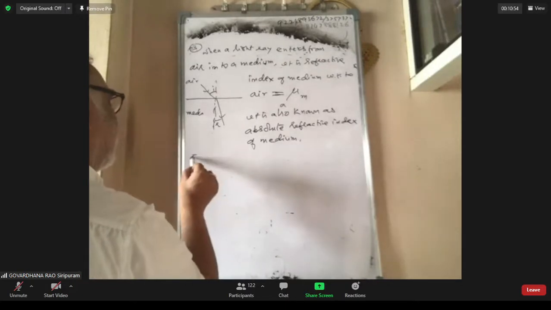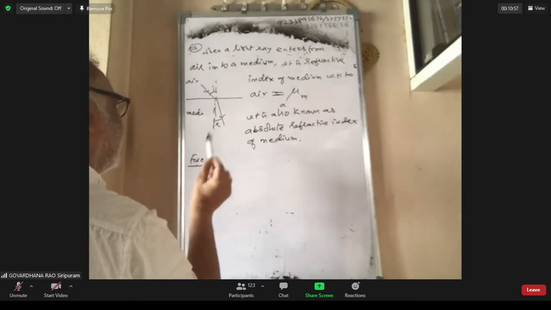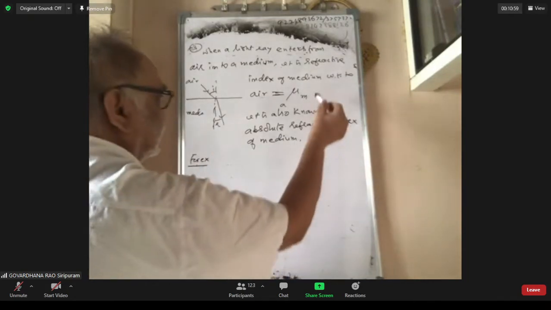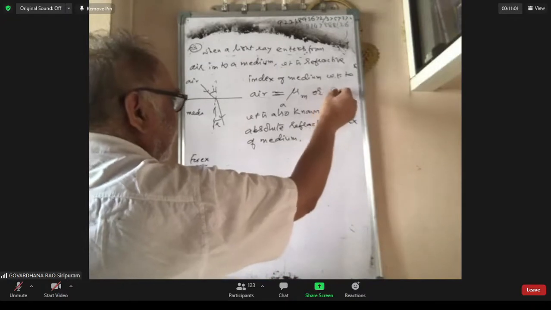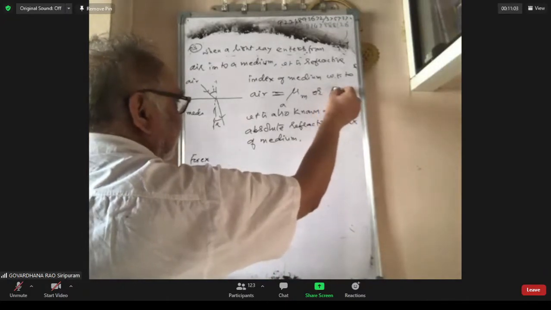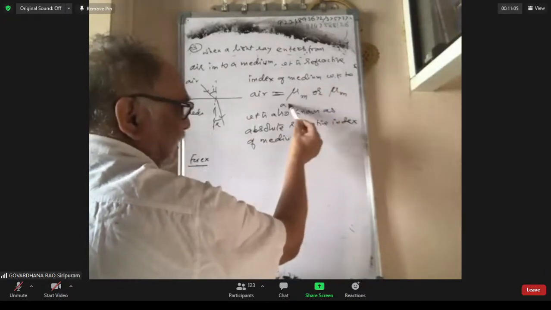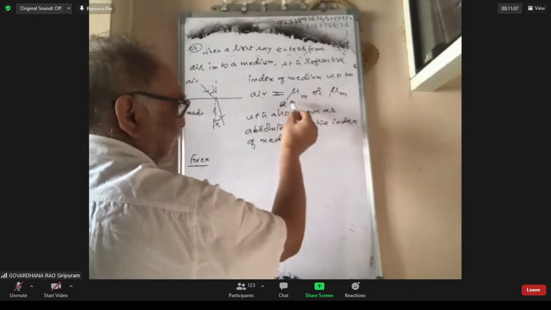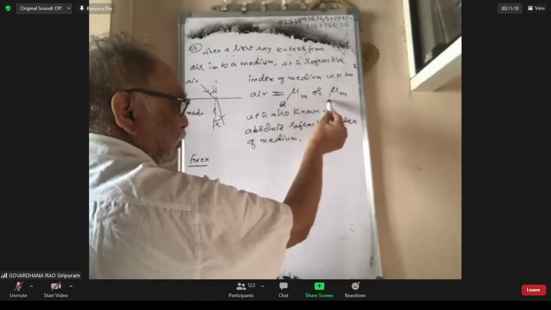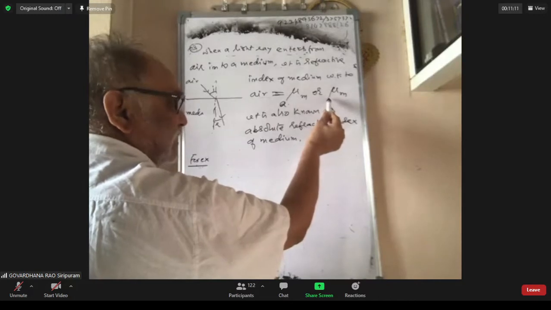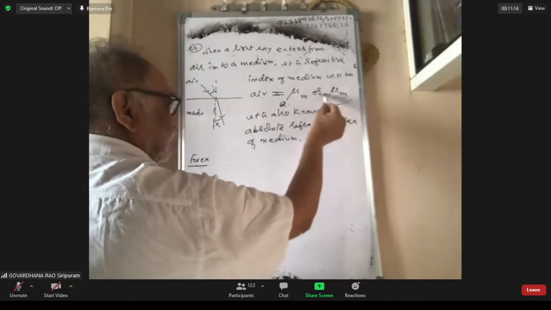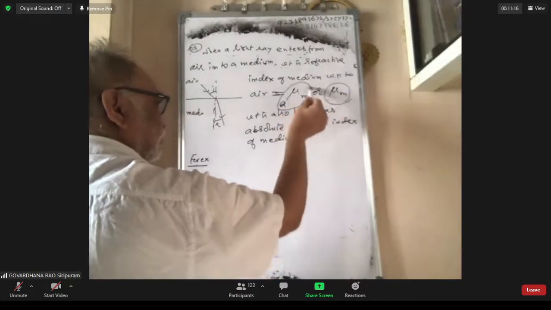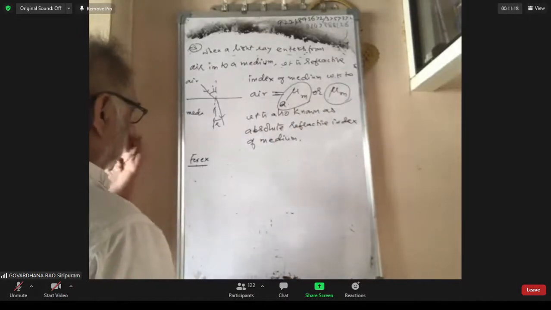Suppose, for example, it is also given by mu m. We need not write a here. Actually, air should be there, but here, if nothing is written, it means air is there.